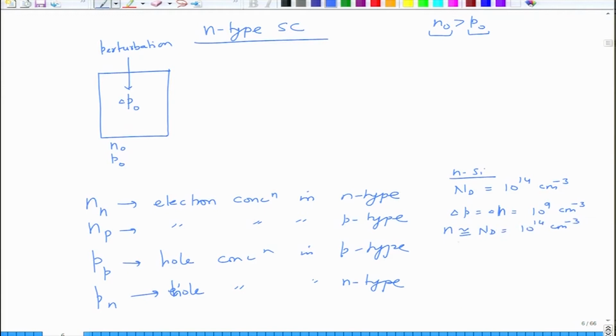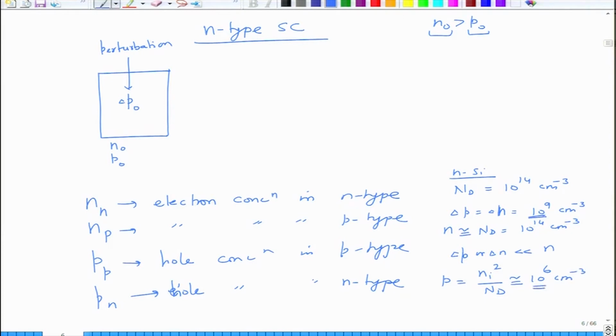Since in N type silicon n is the majority carrier, the perturbation is very small compared to n. But if you calculate p, which is ni square divided by Nd, this turns out to be 10 to the power 6 per centimeter cube. So this perturbation is significant in comparison to the minority carrier concentration.